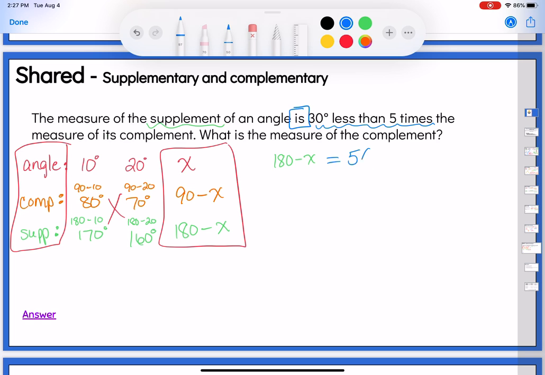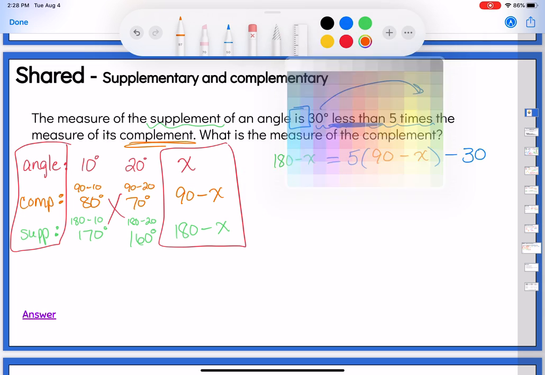So I have 5 times something minus 30, right? Remember those words, less than. Got to put the 30 degrees on the other side. It's not 30 minus, it's something minus 30. Okay, 5 times the measure of the complement. So the complement is 90 minus x. So there we have our equation, and now all we have to do is solve it.